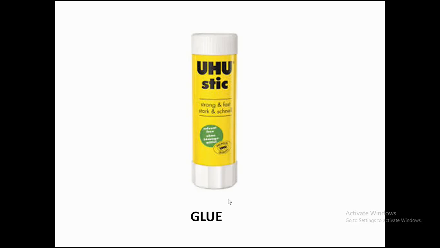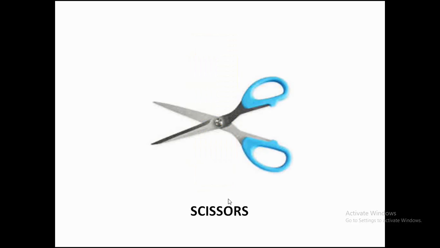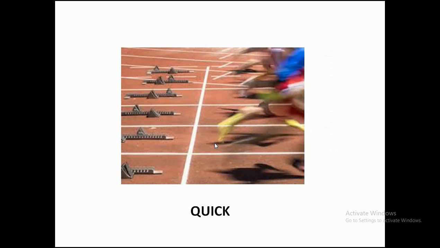Glue is a substance that we use to paste, maybe, I don't know, a piece of paper. And finally, we have the word scissors. Scissors. Okay, scissors are two metal blades that are attached to a handle, okay, and they are used to cut paper. Okay, these are the words of this week.